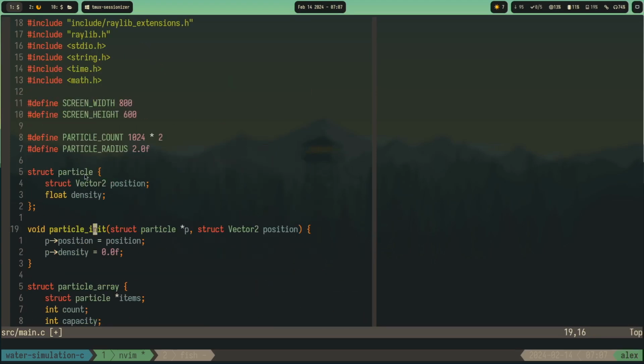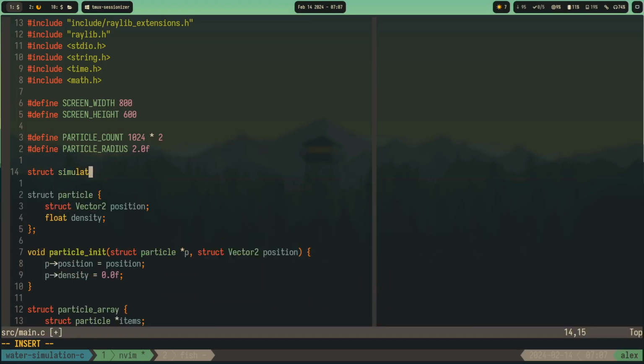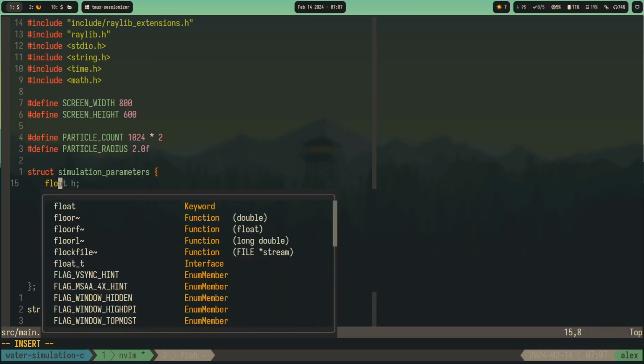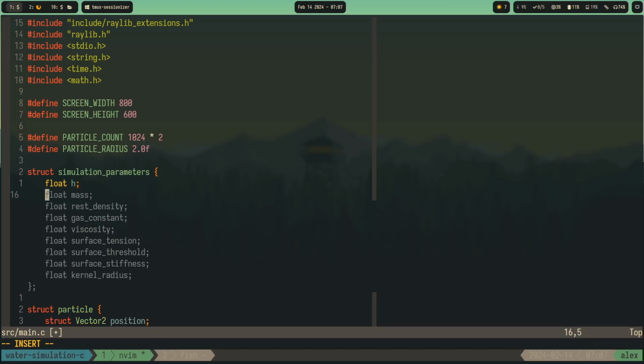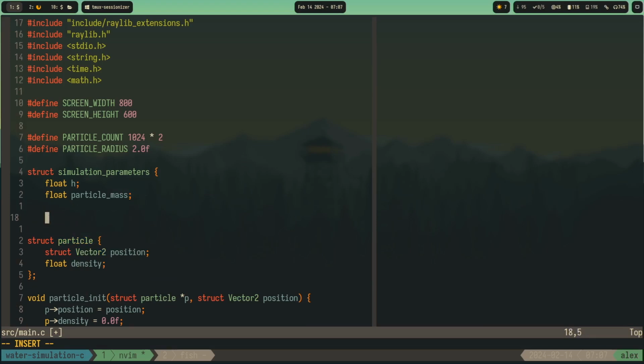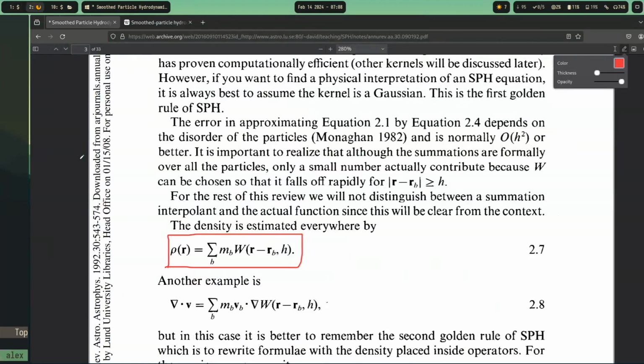So let's have a struct simulation parameters. So we are going to have h, float particle mass, and for now I think that's it.